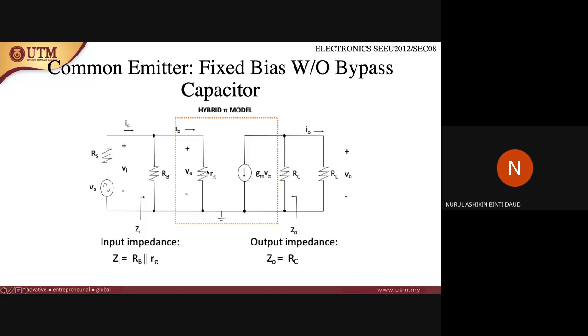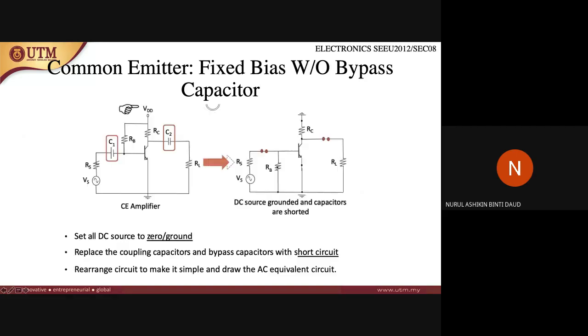This is the current at the source here. And then V pi and R pi. Since they are using V pi and R pi, it means that this is a VCCS, so they are using gm V pi. And then the RC here is connected in parallel with the RL here.